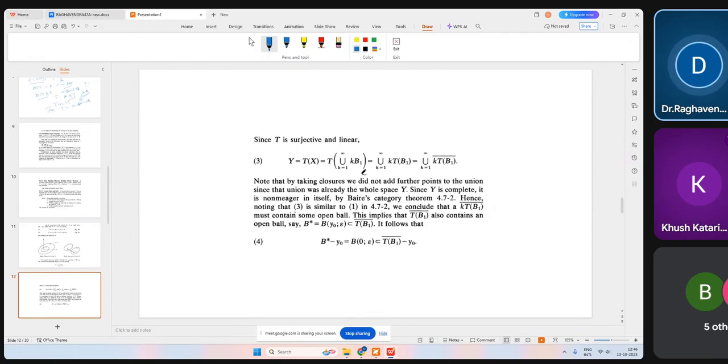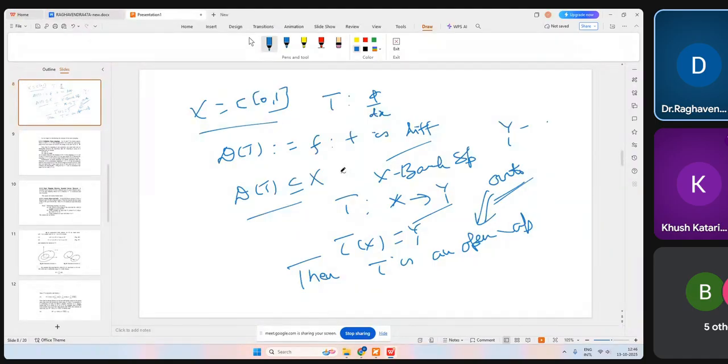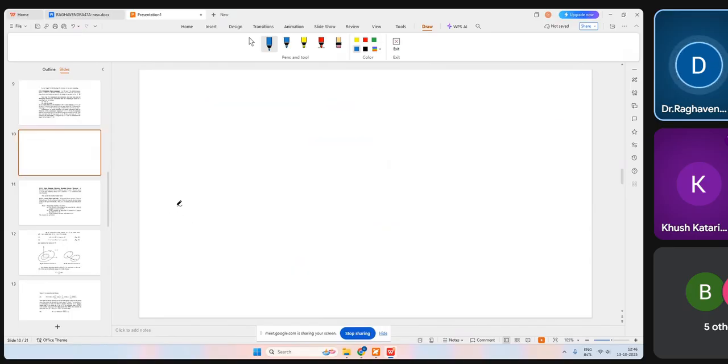The whole space X is nothing but the union of K times B1 or B0, K equal to 1 to infinity. This is the thing.